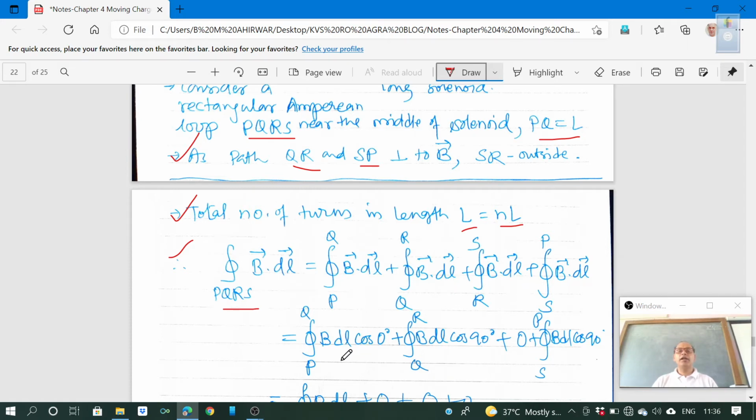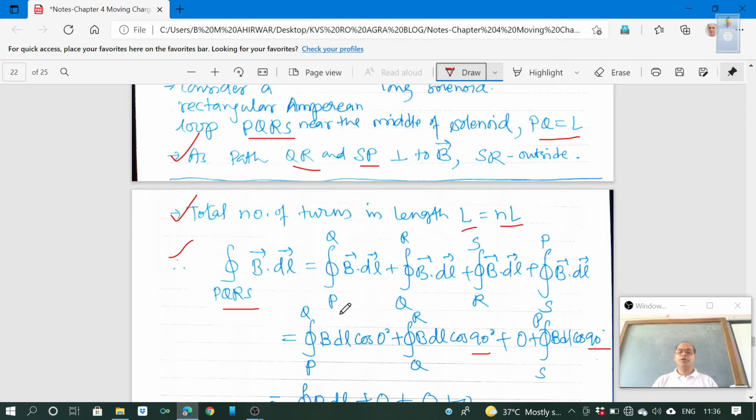As we know already, the angle between B and the length element dl is perpendicular for QR and SP, so it is cos 90 degrees.